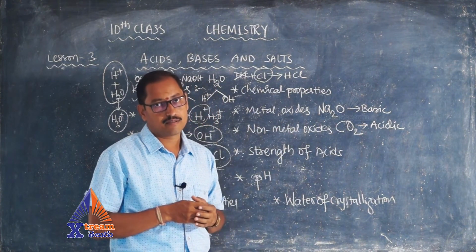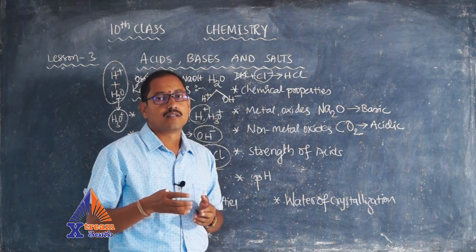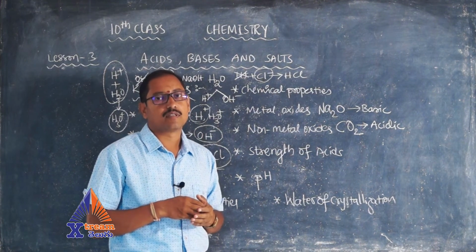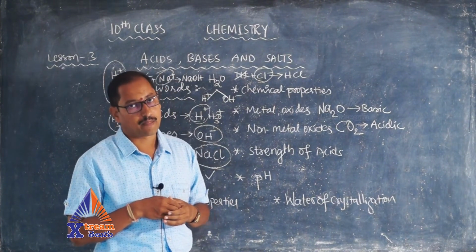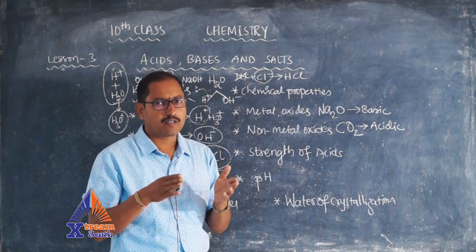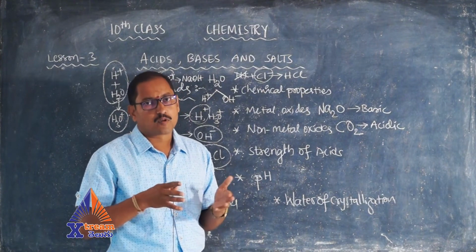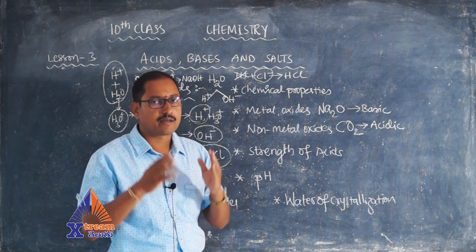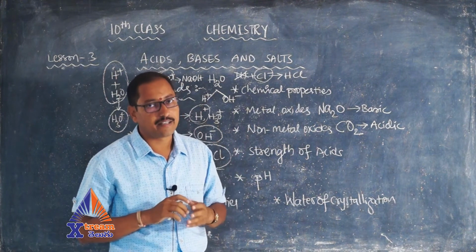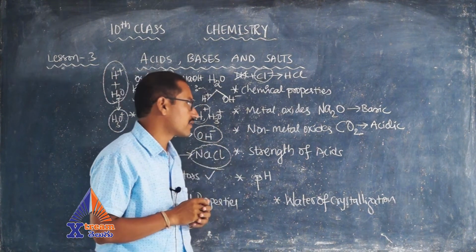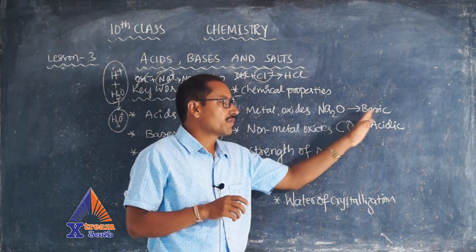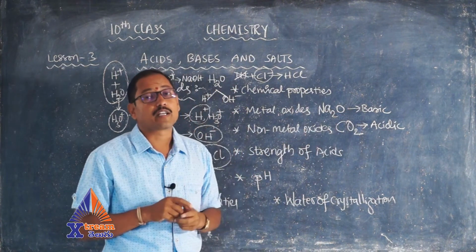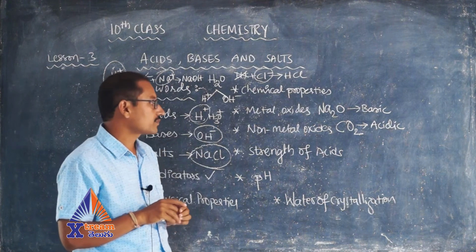Alkaline in the sense, the bases which are made up of alkali and alkaline earth metals are called alkalis or alkaline. Simply, whenever you get a term called alkali, you have to think of some basic nature. It is a base. Non-metal oxides are acidic, metal oxides are basic in nature. This is a very, very, very important point to remember.